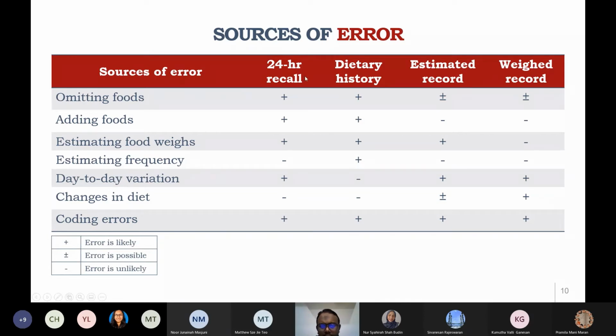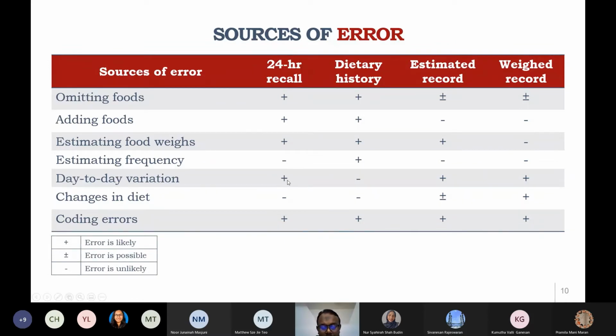So for 24-hour diet recall, error is likely for omitting foods. Okay, when we do 24-hour diet recall, there is possibility of omitting food from the respondent side, adding food from the respondent side, and estimating food weight from the interviewer side, because we want to convert the household measurement into weight. Estimating frequency is unlikely for 24-hour recall because 24-hour recall doesn't ask for frequency.